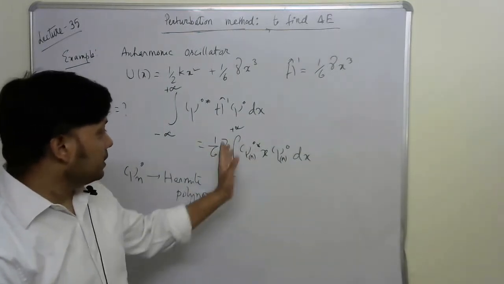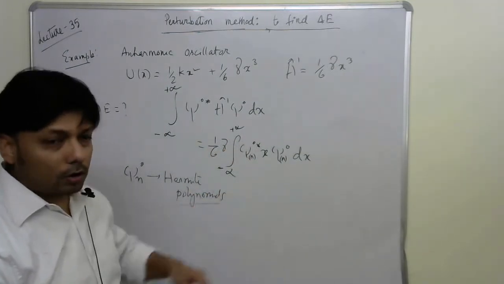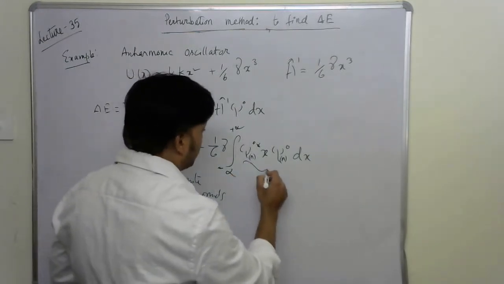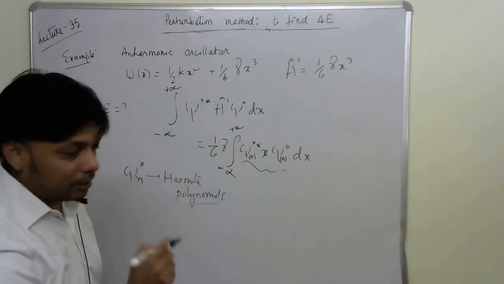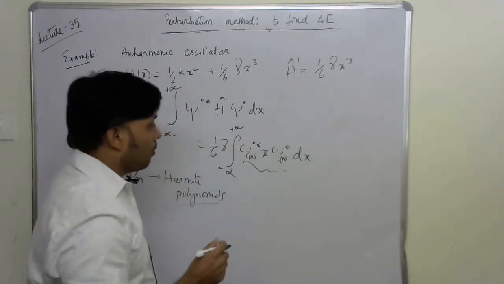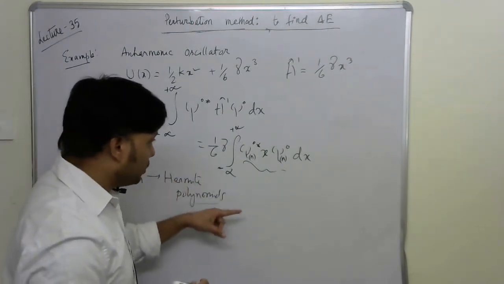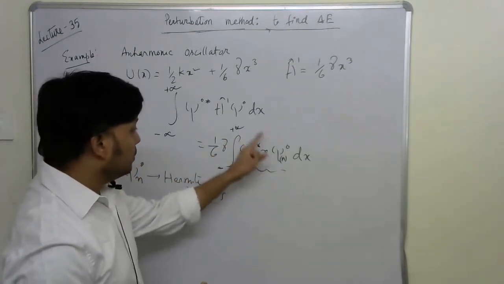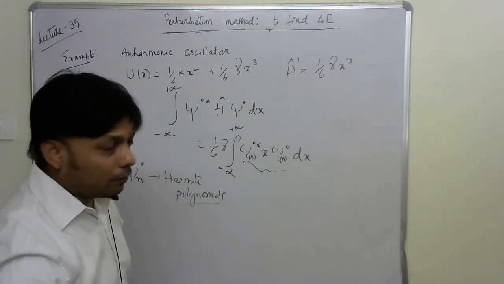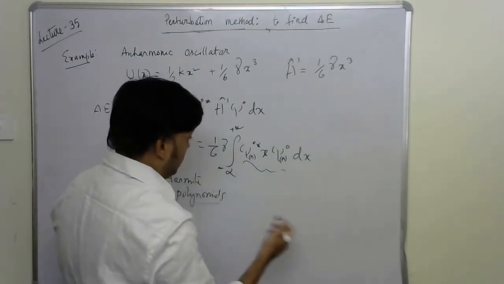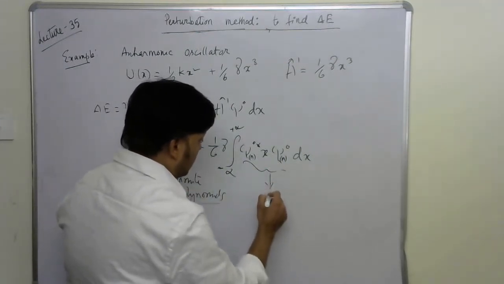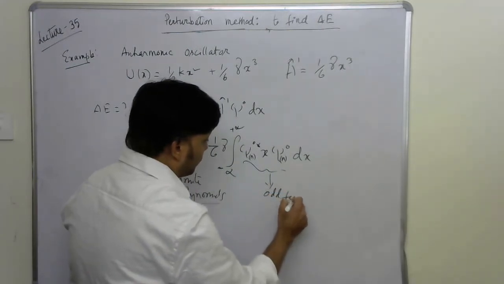So whatever it is, either n even or odd, you see this whole function due to x cubed is odd in nature. Or if we talk about the ground state, that is n equal to 0, it would become an x cube type of function. So anyway, the summary is this would be an odd function.